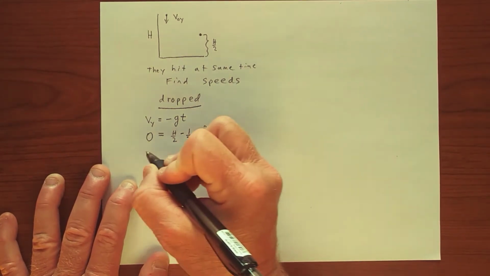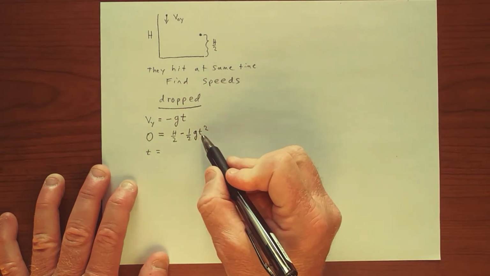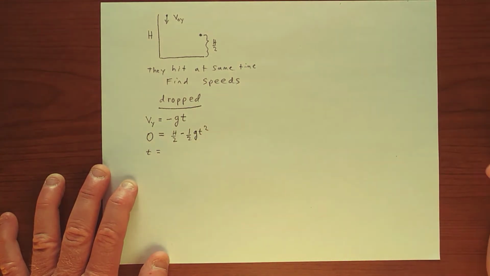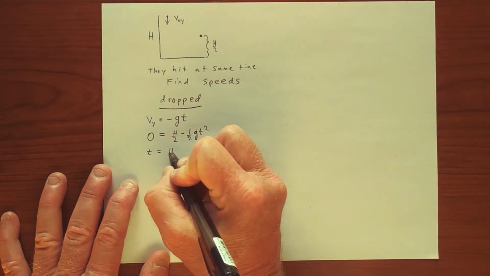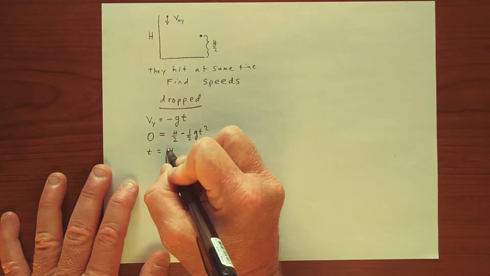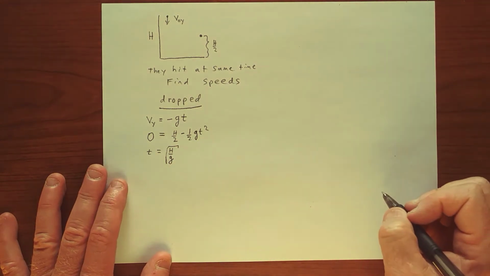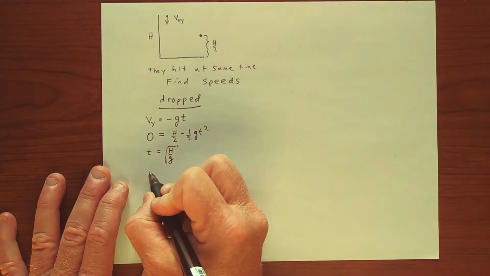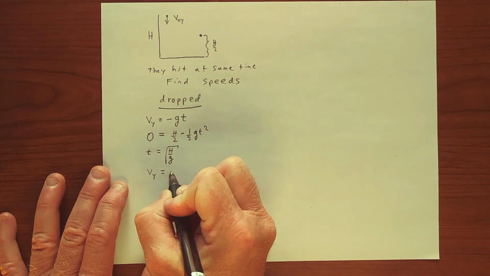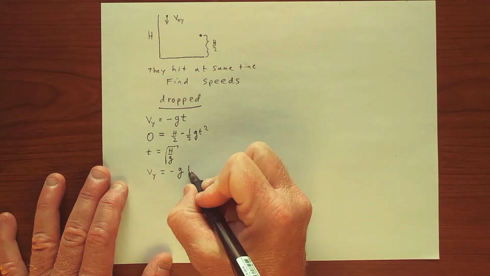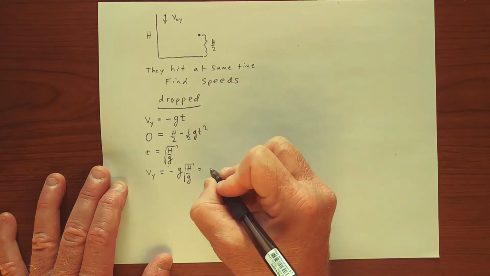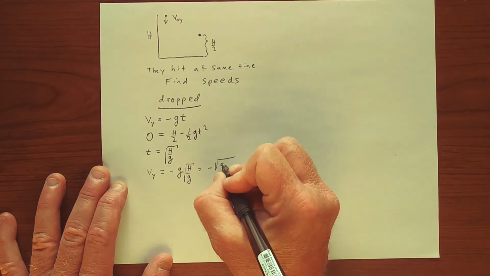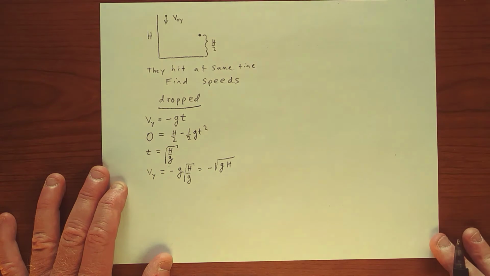And so, of course, we can get the time where we'll bring this to this side, and we'll multiply by 2. We'll divide by g and take the square root. So we get t equals the square root of h over g. And then we can plug it back into here and get the Vy, which is minus g, times that t, which is minus g times the square root of h over g, which is minus the square root of g times h.